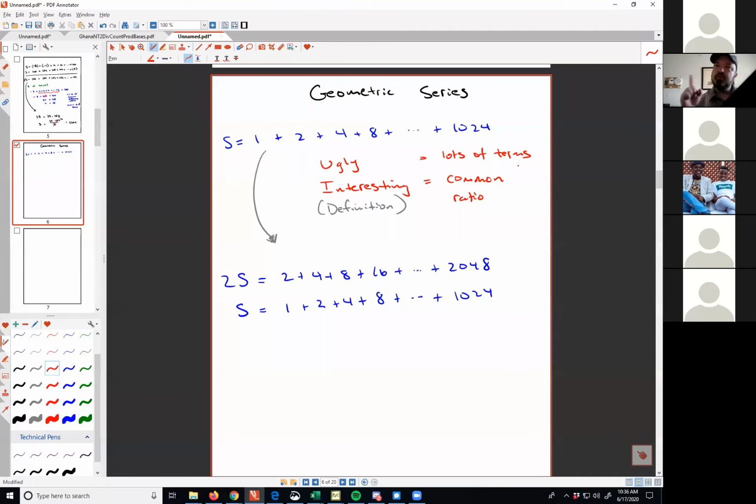How do we get rid of what's ugly using these equations? Divide 2s by s? Well, that would just undo what we did to get here. You subtract. If we subtract them.